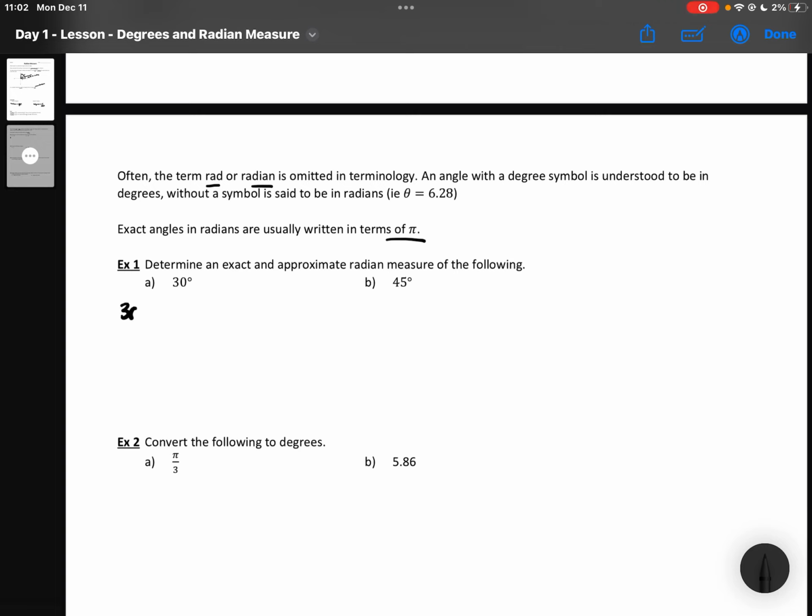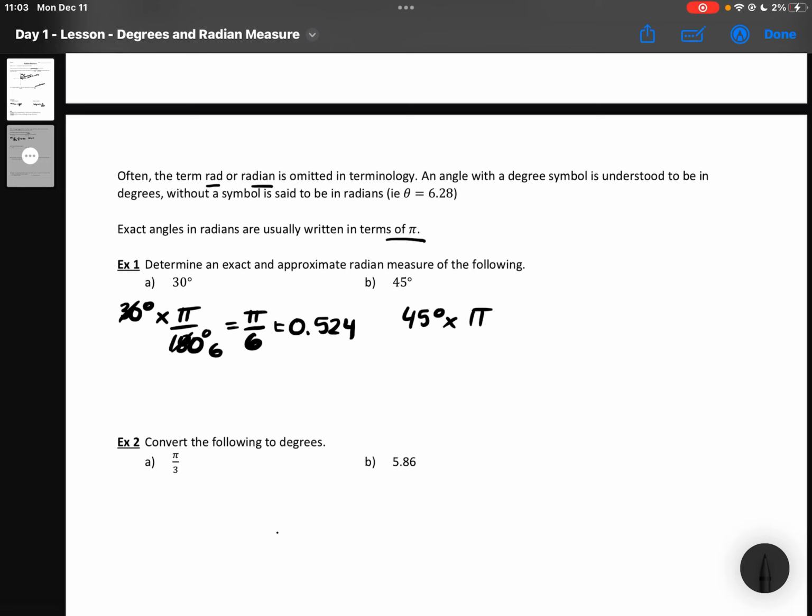So 30 degrees, in order to go from degrees to radians, we're going to multiply by pi over 180. I can reduce that before I multiply by dividing the top and the bottom by 30. It's going to leave me with 6, which means that my exact angle is pi over 6, and using my calculator, that comes out to about 0.524. 45 degrees, we can do the same way.